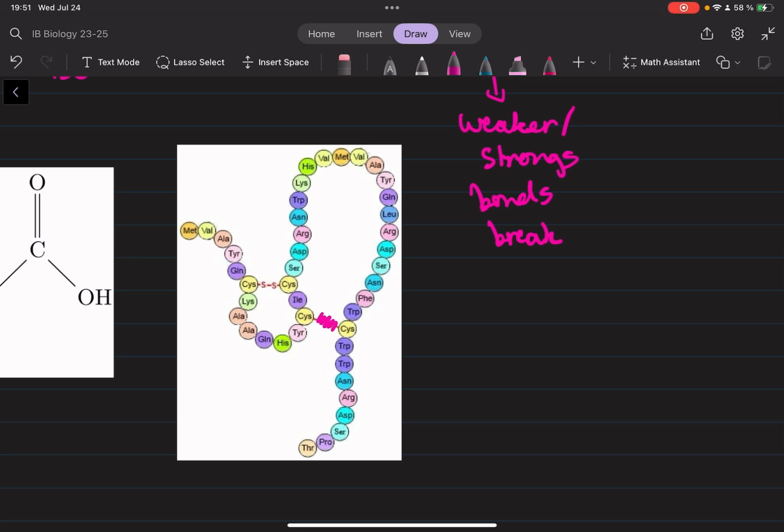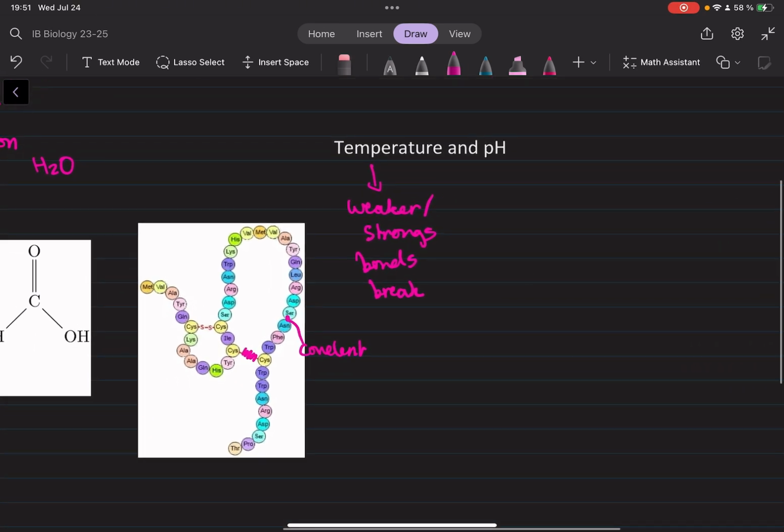However, if you keep breaking that bond, the peptide bond between two amino acids, which is a covalent bond and a much stronger bond, will also start to break. And the pH will change the R group's acidity.